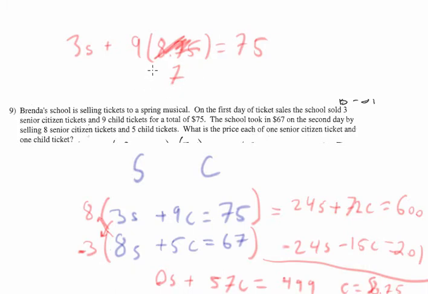So that means that 3 senior tickets plus 9 times 7, that's $63, is going to be $75. So that means 3 senior tickets is going to be 75 minus 63, so that's 12. 3 senior tickets is $12. That means 1 senior ticket is $4. So 1 senior ticket $4, 1 child's ticket $7.